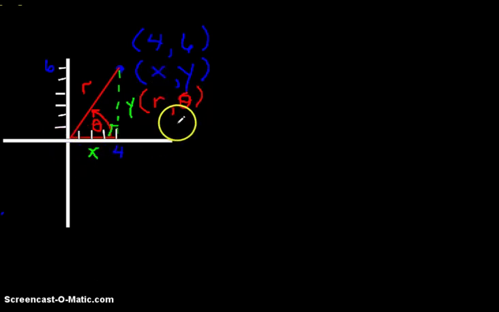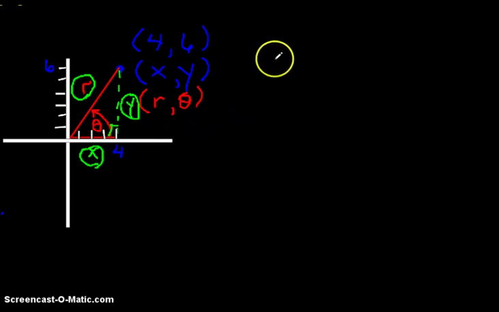It's the Pythagorean theorem. Normally it's a squared plus b squared equals c squared, but we're going to just use the elements that we have here. I'm going to circle them all. So we have our x, we have our y, and we have our r.